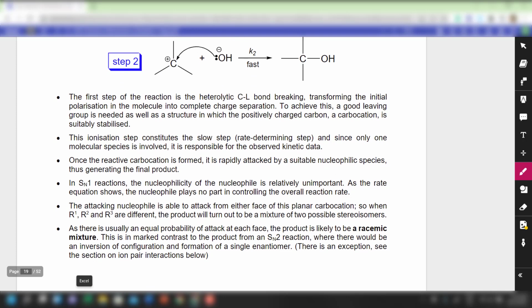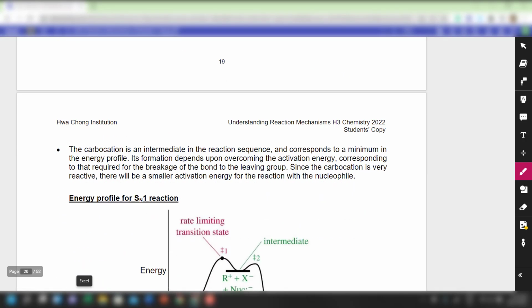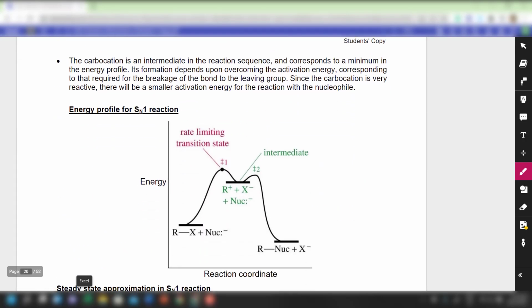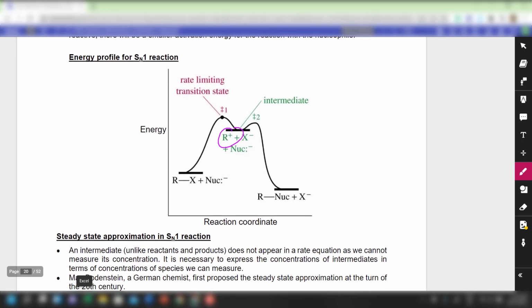In most cases, we agreed that we will end up with a racemic mixture. So there is no preference unless other factors come into play, which we are going to discuss later. And of course for the energy profile diagram, there are two humps. There's an intermediate carbocation over here. So that is characteristic of SN1.